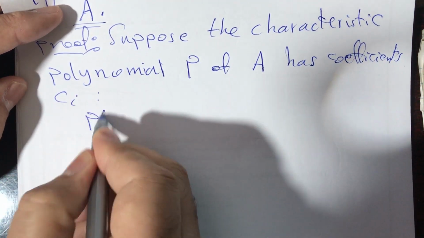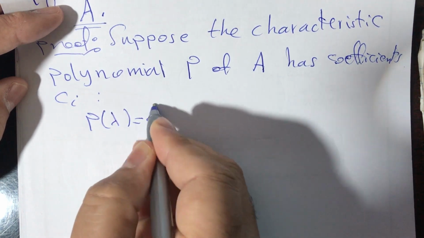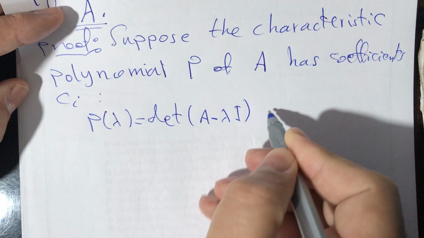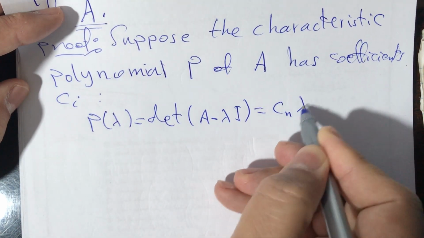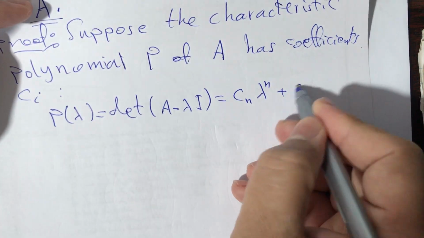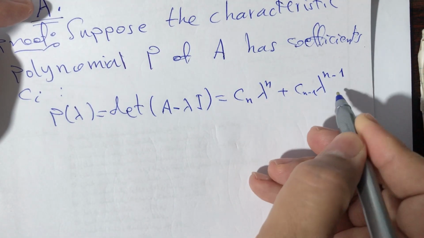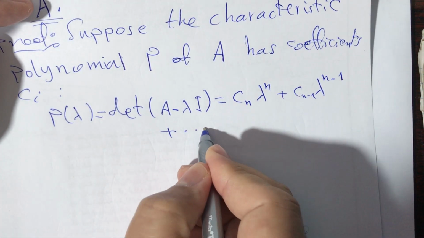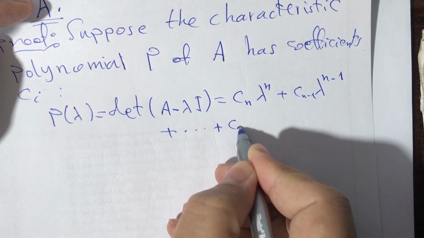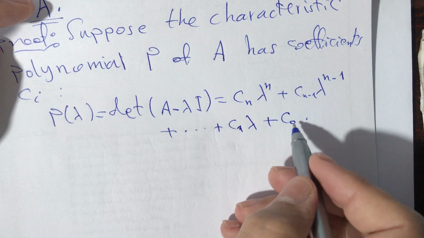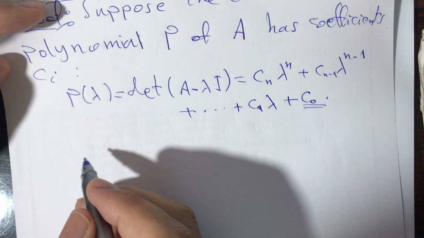That means P of lambda is equal to the determinant of A minus lambda I, and this is equal to Cn lambda to the n plus Cn minus 1 lambda to the n minus 1, and so on, plus C1 lambda plus C0. This is the last one, without lambda.